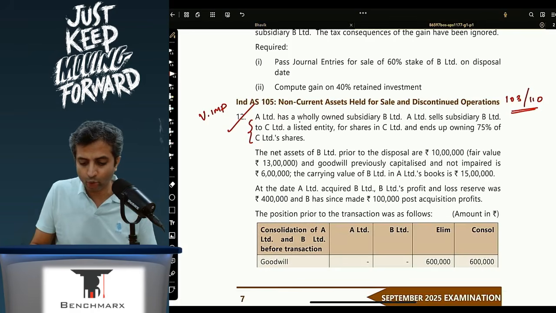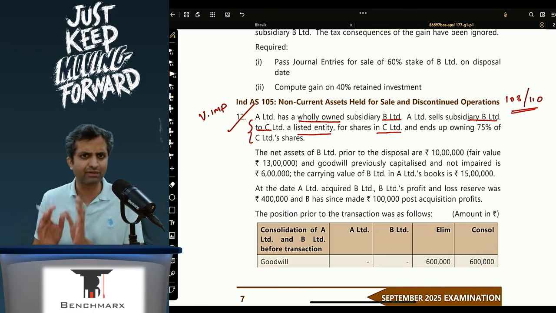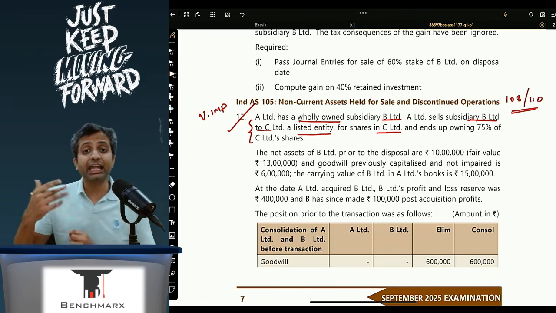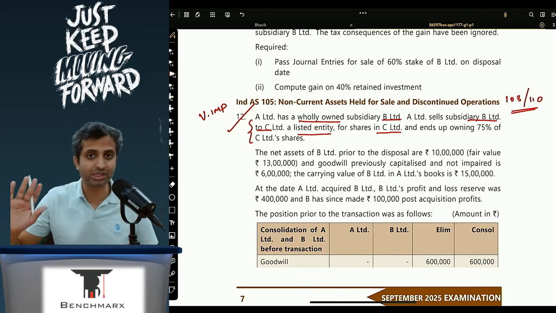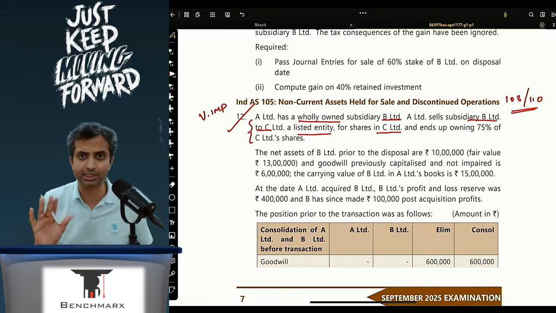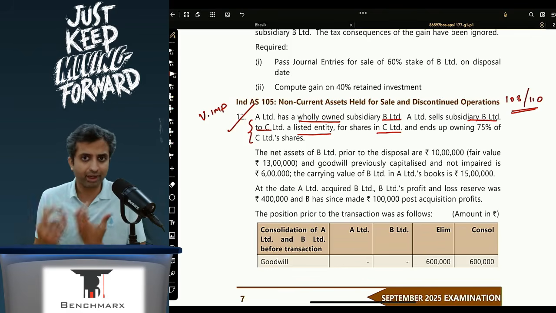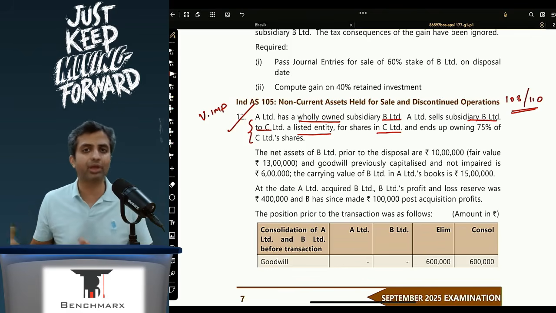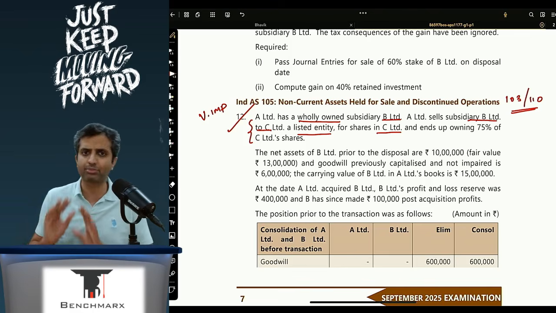So A has a wholly owned subsidiary B, wholly owned meaning 100% stake in B. A sells subsidiary B to C, who is a listed entity, for shares in C. So what is happening is, A has a wholly owned subsidiary. However, A is giving up its wholly owned subsidiary to a company C, which is a listed entity, and in return, well, A will not give its subsidiary free of cost, so A will charge some consideration.